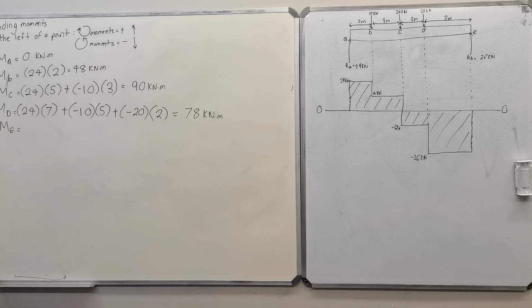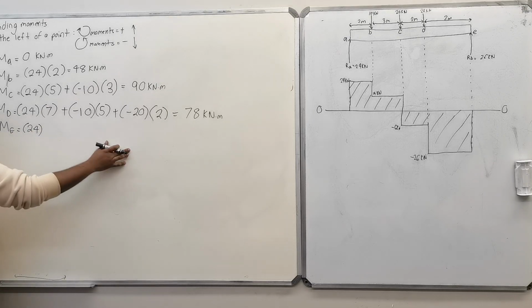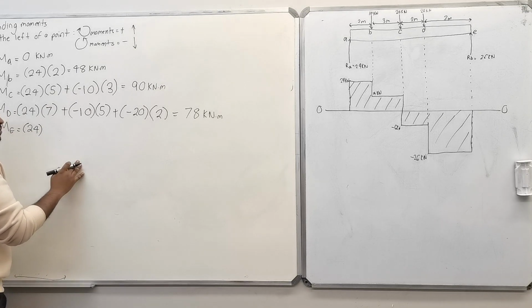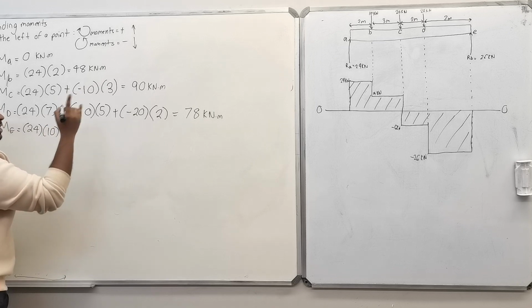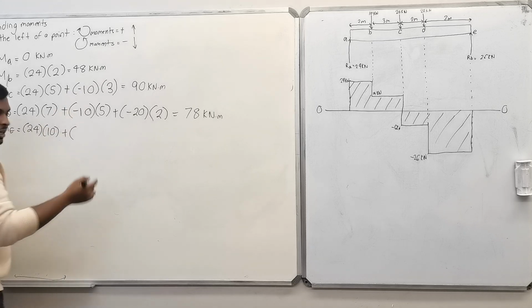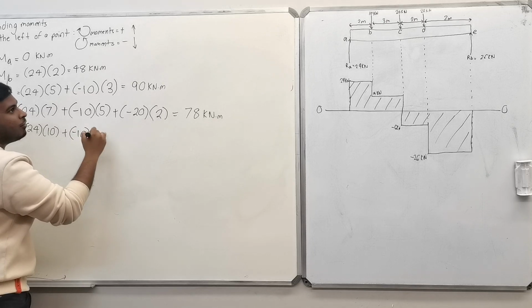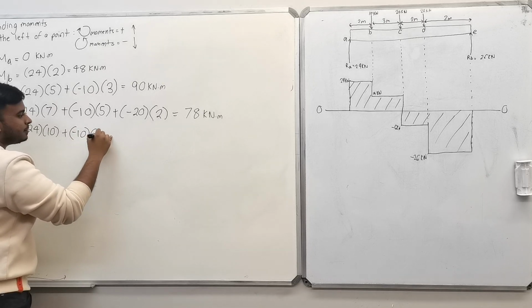Now, one more point we got, which is the bending moment at E. How many forces are to the left of E? 4, right? So, this will be 24 times the distance of RA to E, 10, the full length of the beam, plus negative 10 because it's downwards forces after this, right? Negative 10, how far away is that from E? 8.